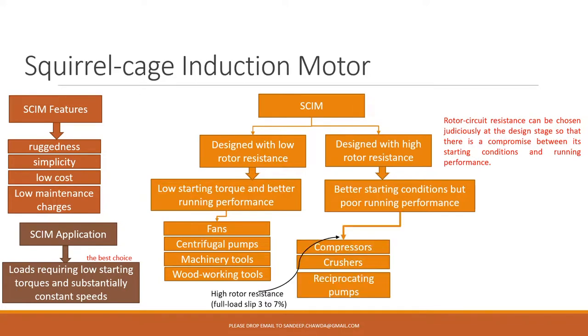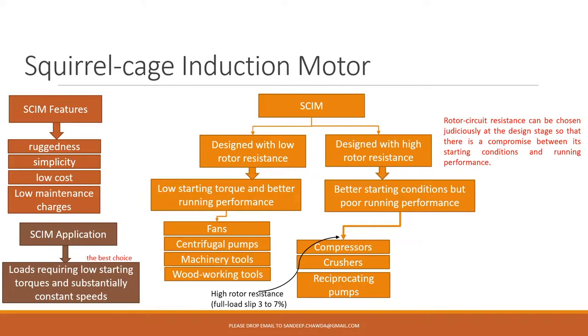So considering this, you could also select the motor when the full load slip is between 3 to 7%. At that time, this motor could be selected for compressors, crushers, reciprocating pumps, etc.